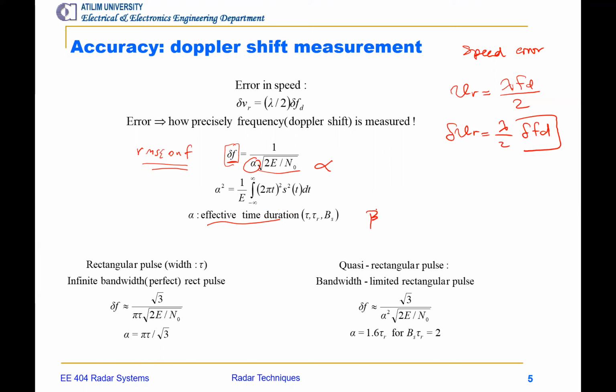Now we have the effective time duration, and it's given with this formula. Again, the signal that we use is important. And we have two cases again, rectangular pulse and quasi-rectangular pulse. For each of these, we have a different alpha value, as you see here. And then for each of these, we have a different RMS error on frequency.